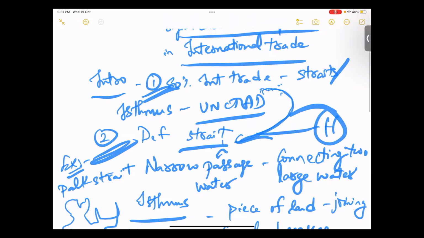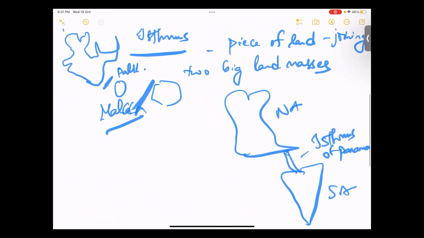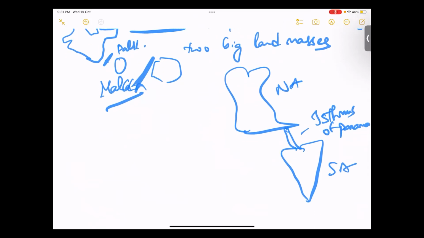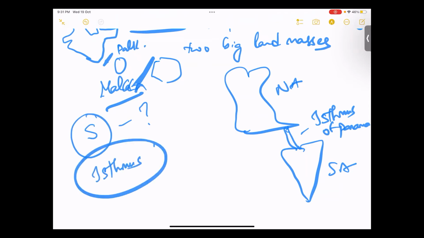Just because sir told to avoid unnecessary things, don't dare to avoid the definitions in this particular question, because the question is asking the significance of strait and isthmus. Unless you inform the examiner what is strait and what is isthmus, and that you know the difference, it is your responsibility to give the definition of these two.